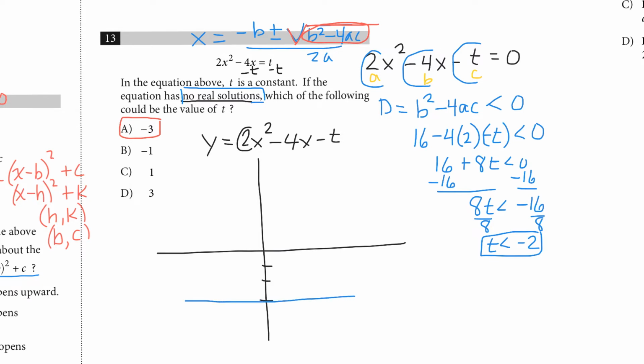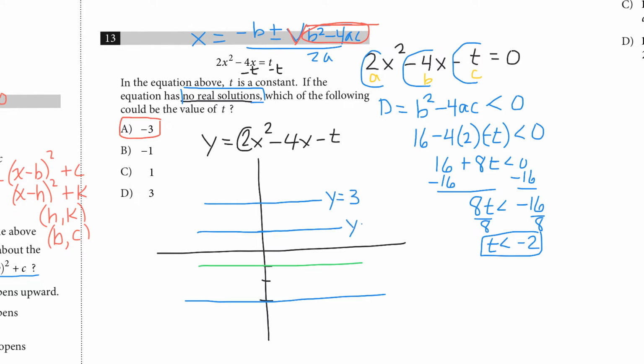If we have y equal to negative 1, it's going to be right here. If we have y equal to 1, it's going to be right here. And if we have y equal to 3, then it's going to be up here.